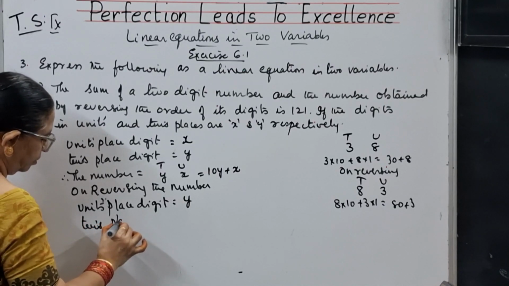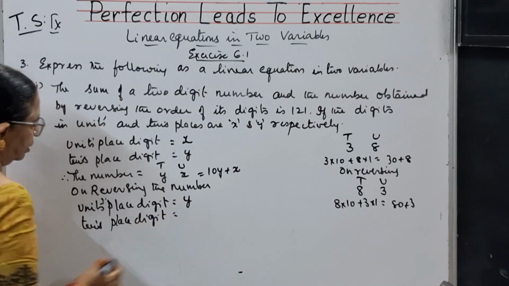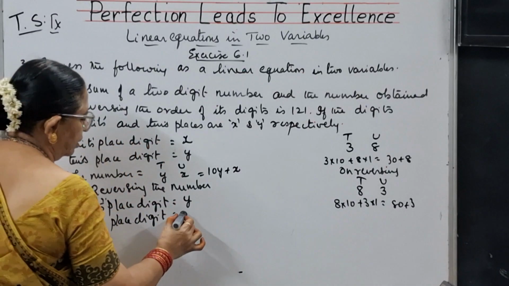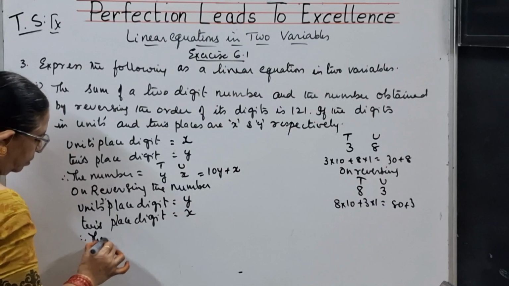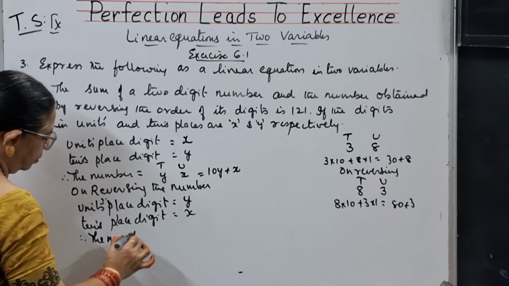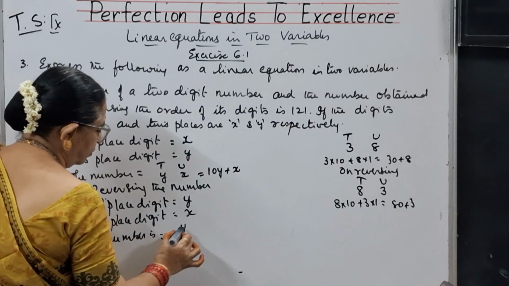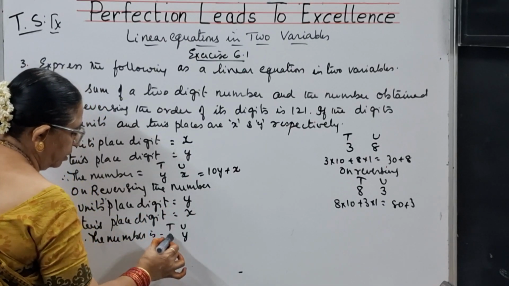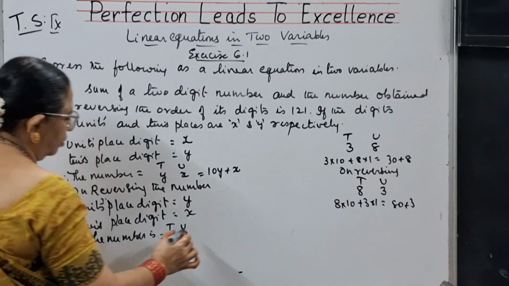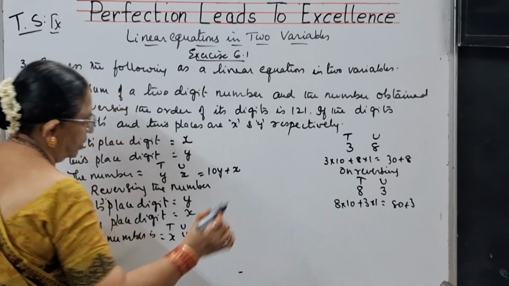So what is the number, children? Units place you have y, tens place you have x. So you are getting 10x plus y.